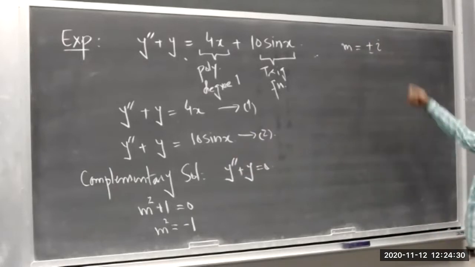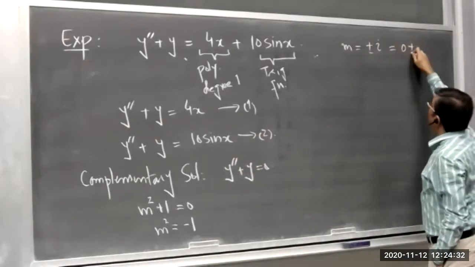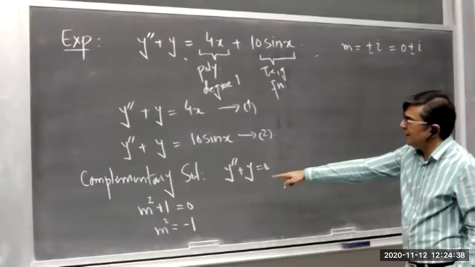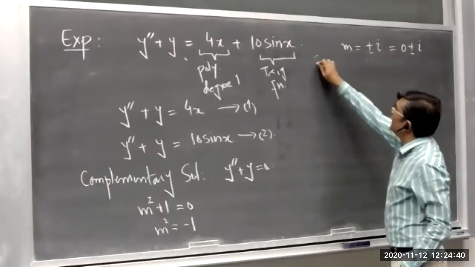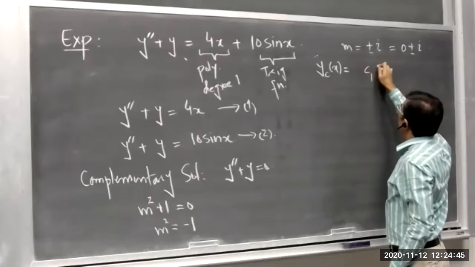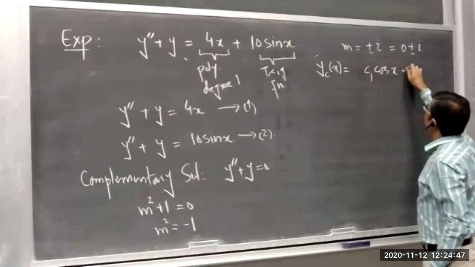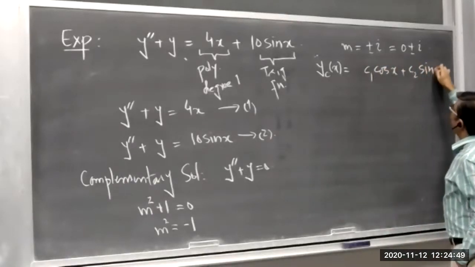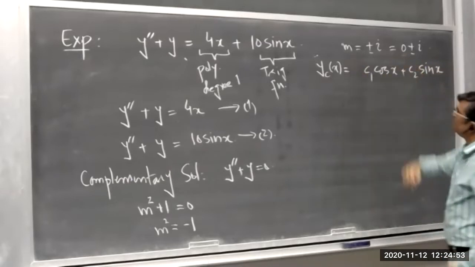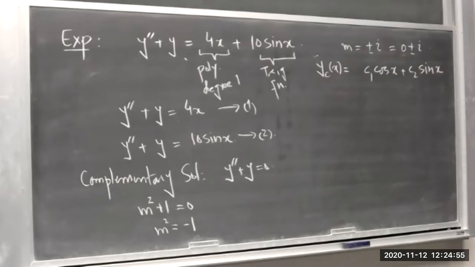You can write it as 0 plus minus iota. So the complementary solution for this homogeneous differential equation will be yc of x is equal to c1 cosine of x plus c2 sine of x, because here we have 0, so e raised power 0 will be 1. So this is your complementary solution.